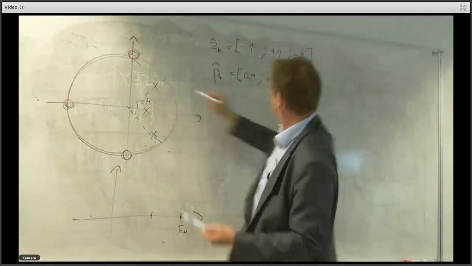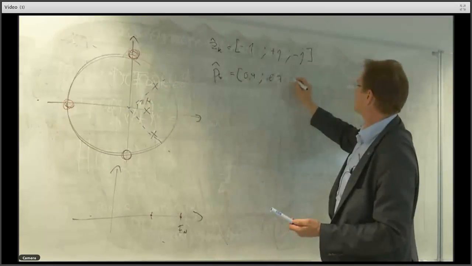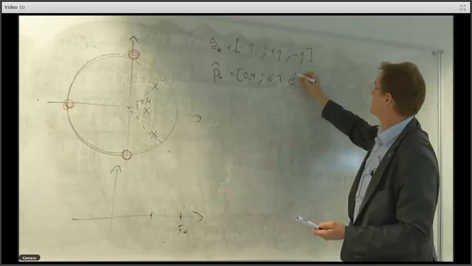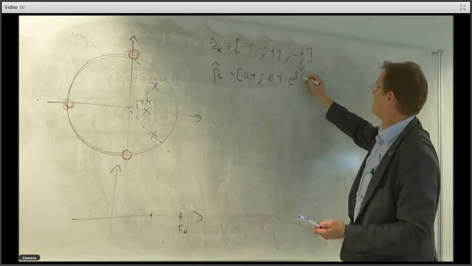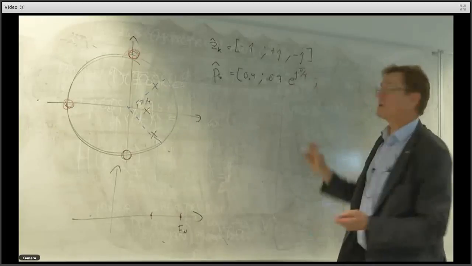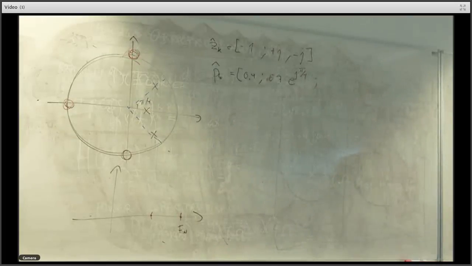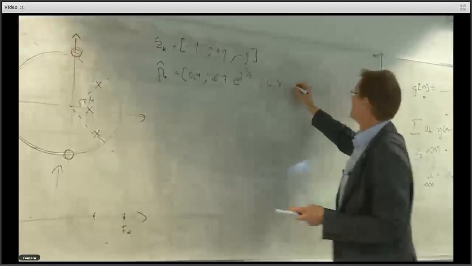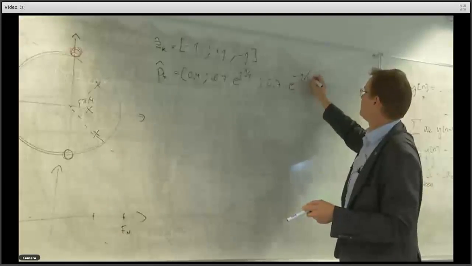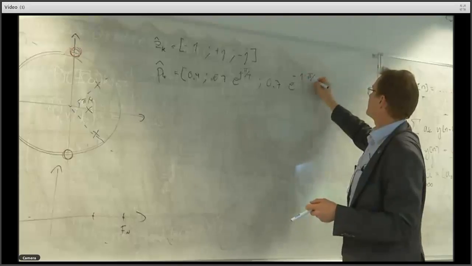Looks like 0.7. 0.7 times e to j times pi over 4. Okay. And then we also need the complex conjugate. Why? We need the complex conjugate. I'll tell you in a minute. The other pole on the opposite angle, minus j times pi over 4.